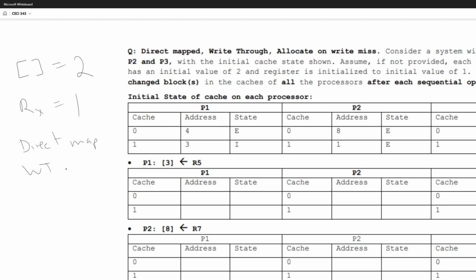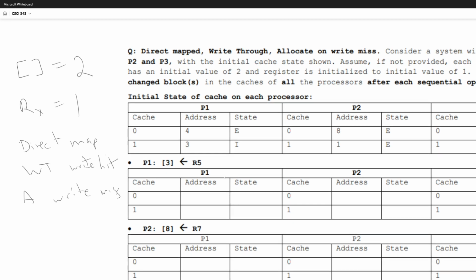So write through on write hit, allocate on write miss. Okay.